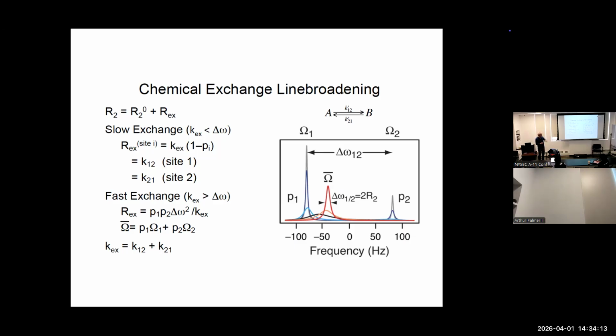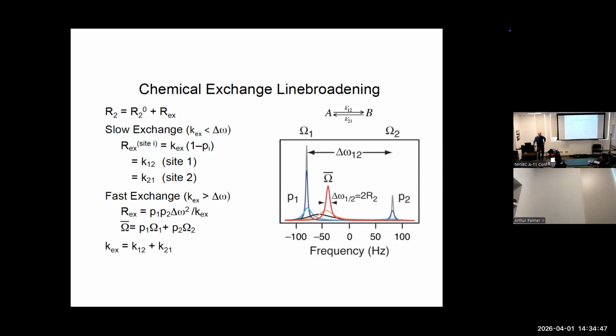This equation also tells you another shortcoming of the CPMG equation, and that's that you're only dependent on the square of delta omega, which means you don't know the sign of delta omega. So if you see the major peak, you don't know whether the invisible minor peak is above or below the major peak. You have to try to figure that out from other experiments.